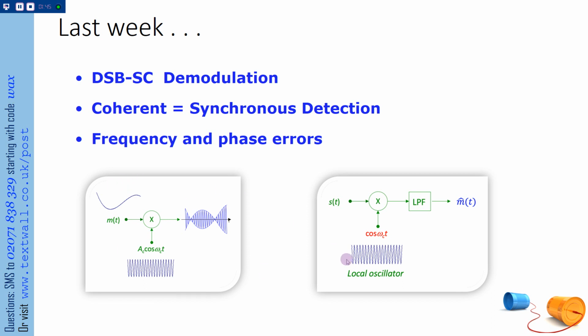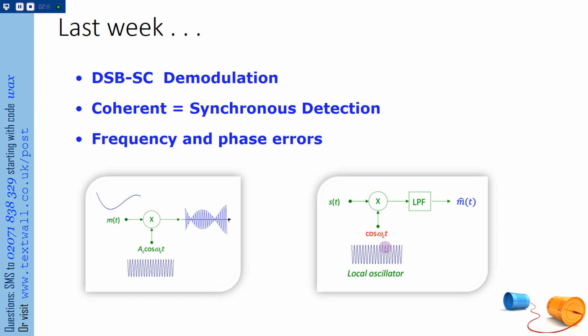We spoke last week about the possibility of frequency and phase errors at the receiver. So we said the local oscillator in the receiver could have a phase error, delta phi, or a frequency error, delta f or delta omega.